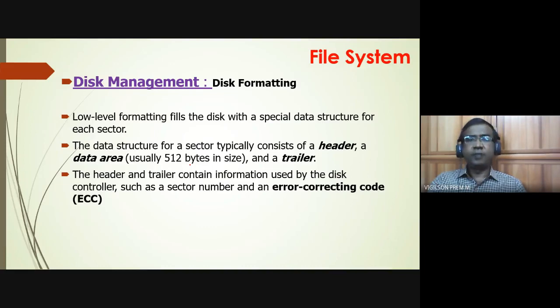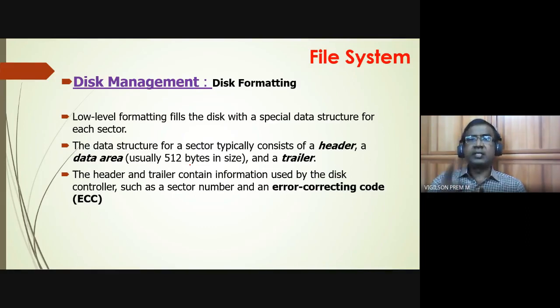Data structure for a sector typically consists of a header, data area, and a trailer. Assigning a data structure means the particular sector will be assigned one header, one data area, and one trailer. So the platter is divided into sectors, that is low level formatting.